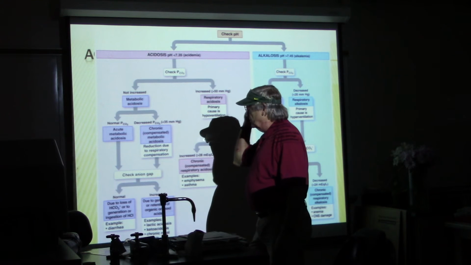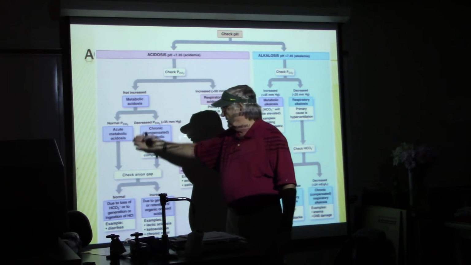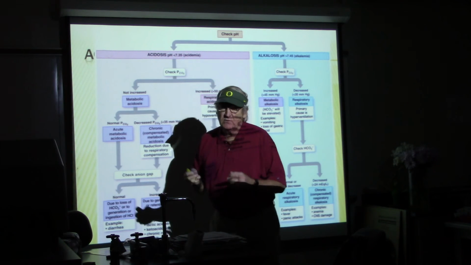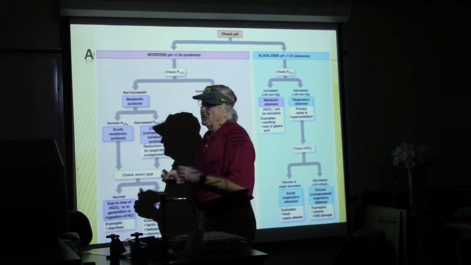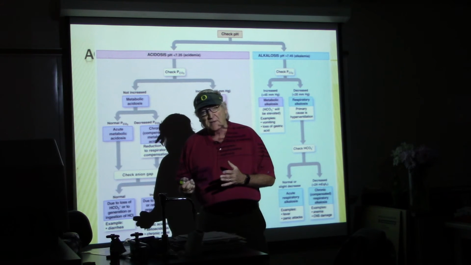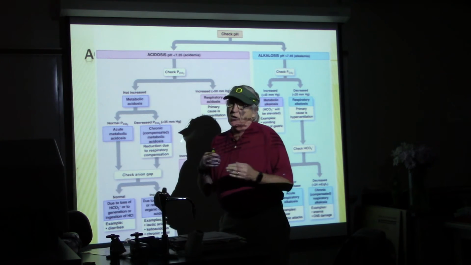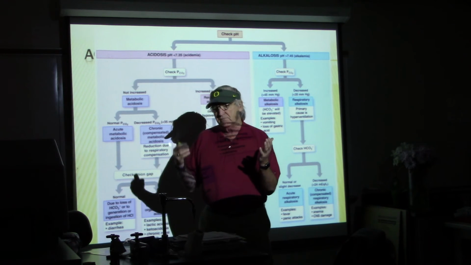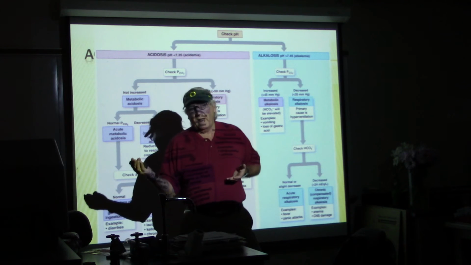If their PCO2 is not increased, then you know it's a metabolic acidosis. Then you can look one more level at their PCO2, because the first thing that's going to happen when you get acidotic is your respiratory system is going to try to compensate. So if you are metabolically acidotic, you're going to compensate with a respiratory alkalosis.